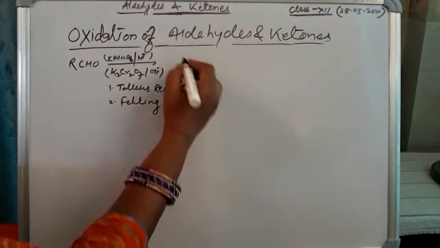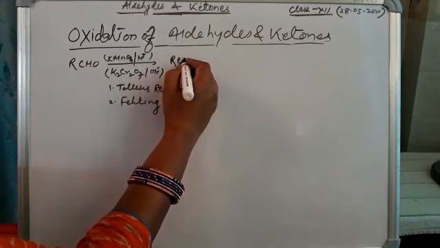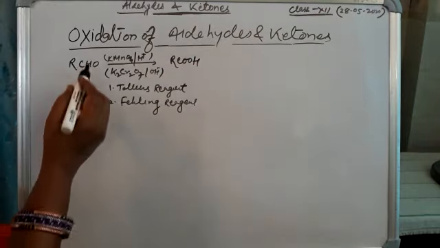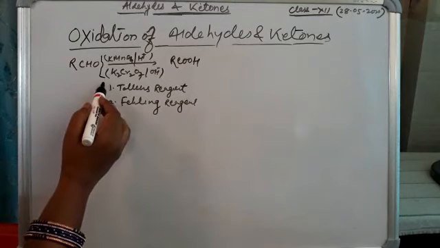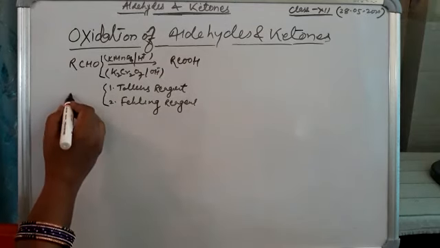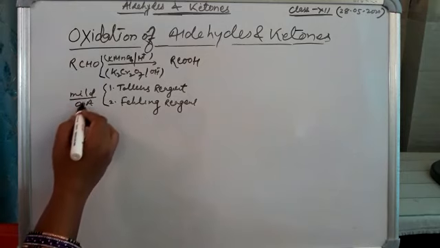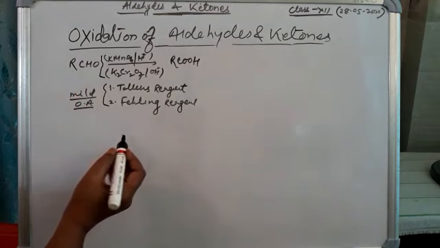These are the reagents used to convert aldehyde to acid. Of these, the first two are known as strong oxidizing agents and these are known as mild oxidizing agents, not strong like KMnO4 or K2Cr2O7.